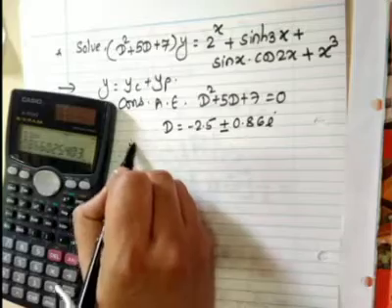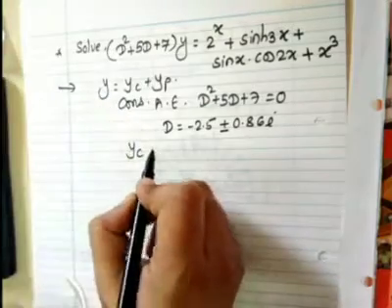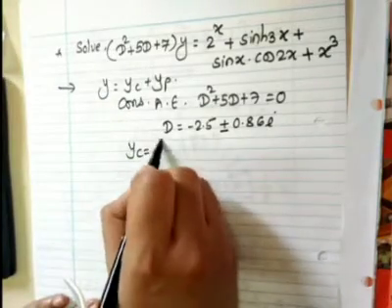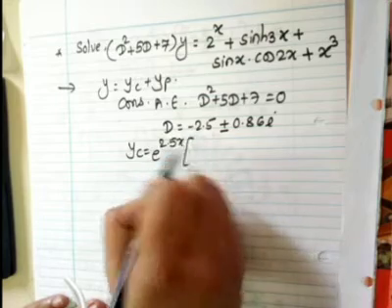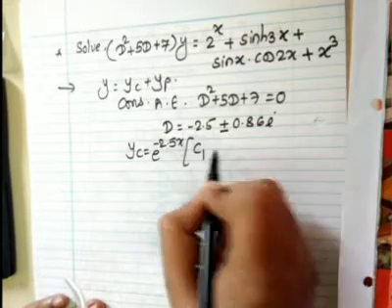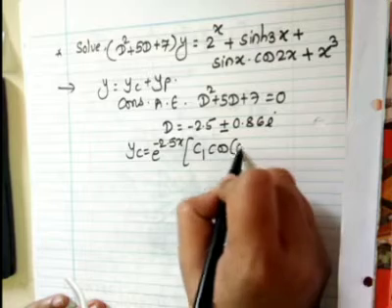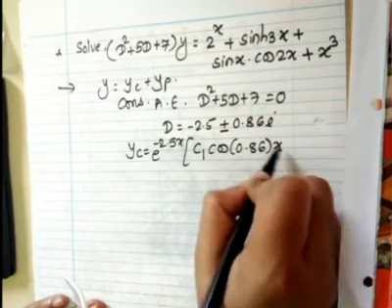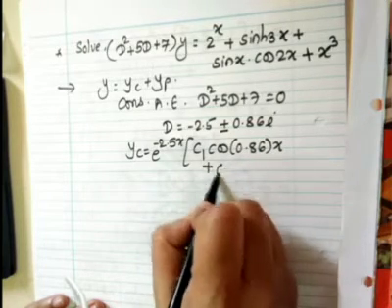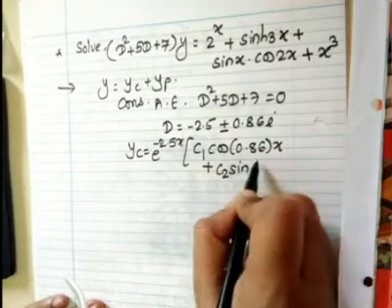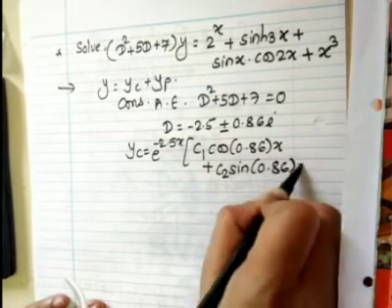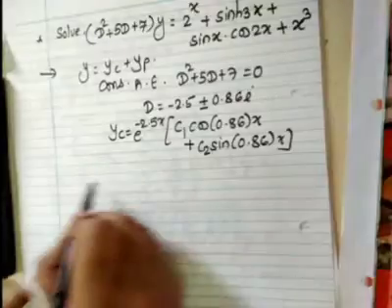So its yc is e raised to minus 2.5x into (C1 cos 0.86x plus C2 sin 0.86x). Well, this is yc.